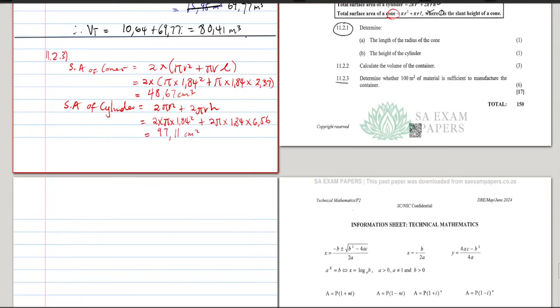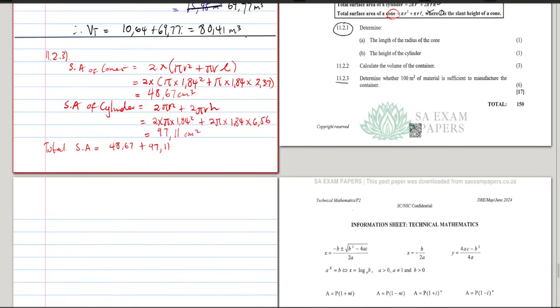Okay, that's 97,11 centimeters squared. And then the total surface area is going to be equal to 48,67 plus 97,11.